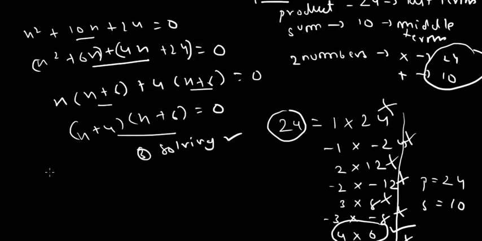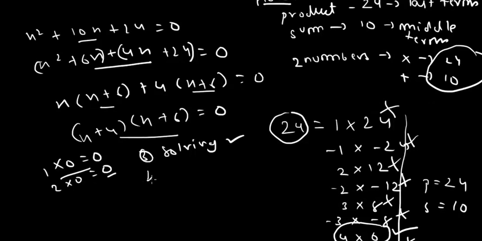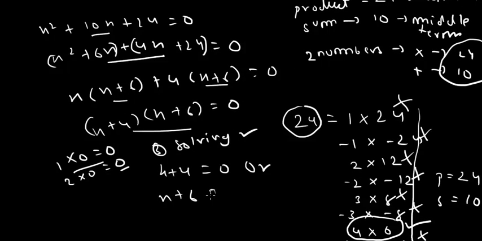Now we move on to the fourth step. When the product of two numbers is 0, one of them has to be 0. So for instance, we have 1 into 0 as 0. We have 2 into 0 equal to 0. Any number into 0 would be 0, but one number has to be 0 for the product to be 0. So either x plus 4 is equal to 0, or x plus 6 is equal to 0.